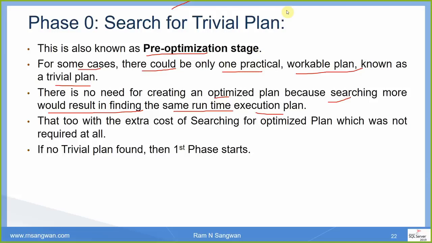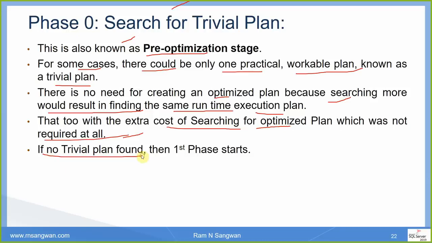Like we can know that from here to my milk booth, I know there are 5 different ways, but both will take the same time. They are equally optimized. So let me find out the first available smallest plan. That is called a trivial plan. That too with extra cost probably, if other alternatives are available which were not required at all.